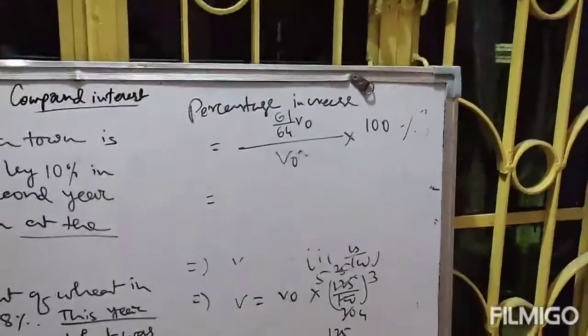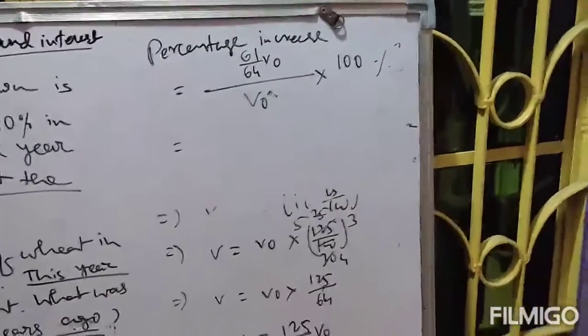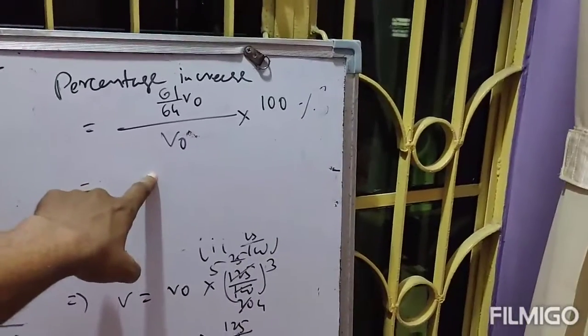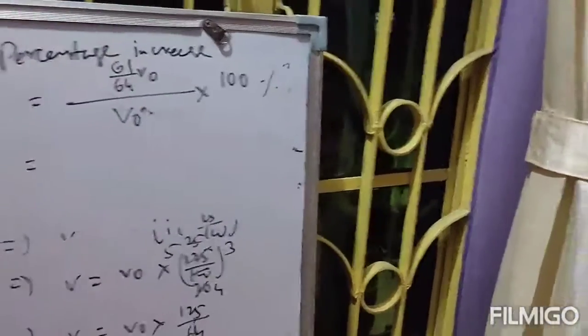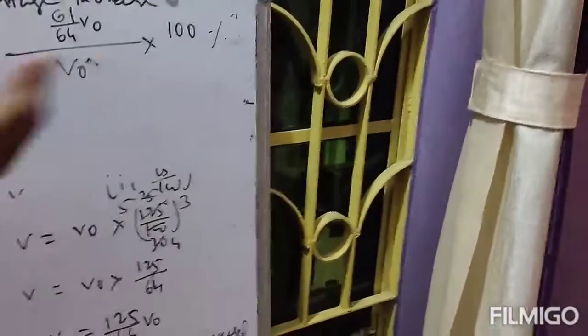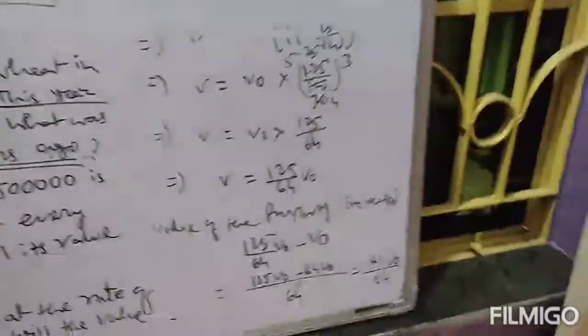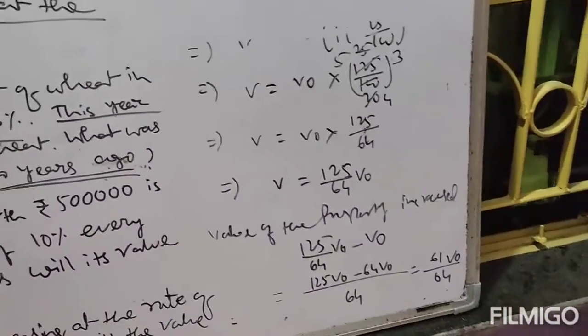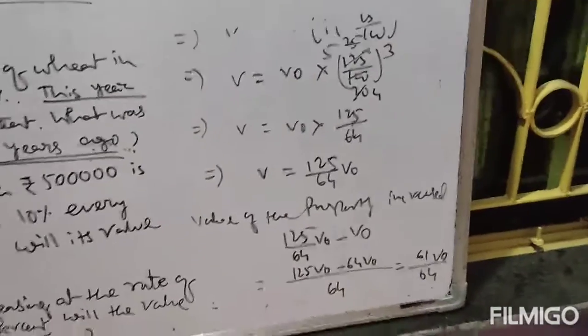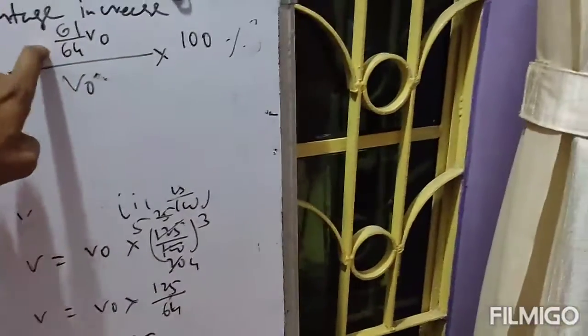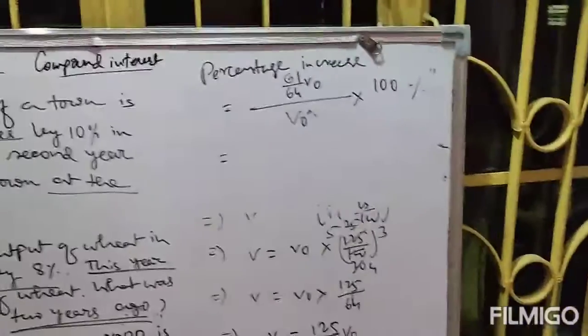The formula was to write the initial value or present value in the denominator. That is, this is the initial value or present value of the property, and how much the value of the property increased, it is 61 by 64 V0, we write in the numerator and multiply by 100, as we are extracting percentage.